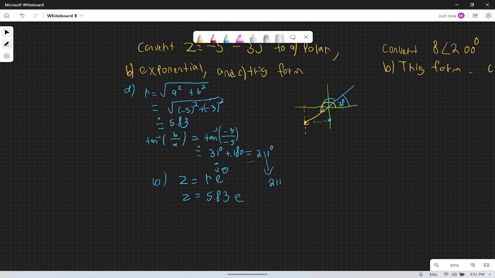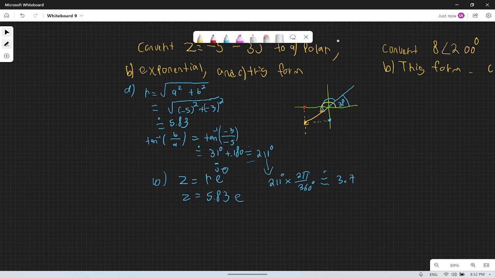So we do 211 degrees times 2 pi over 360, or pi over 180, it's the same thing. So 211 times 2 pi divided by 360 equals about 3.7 or so.